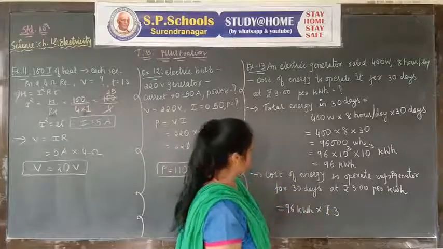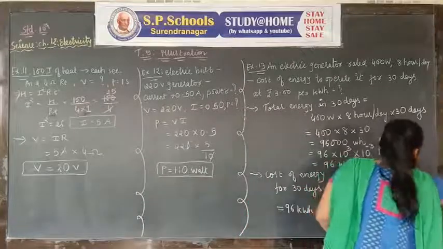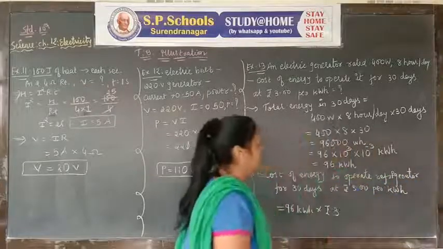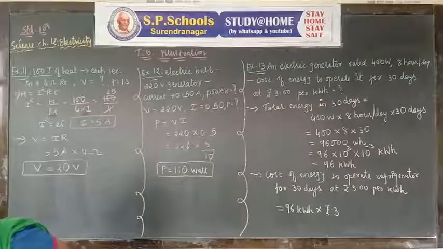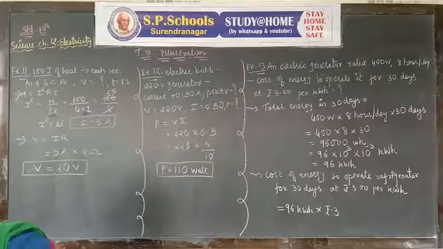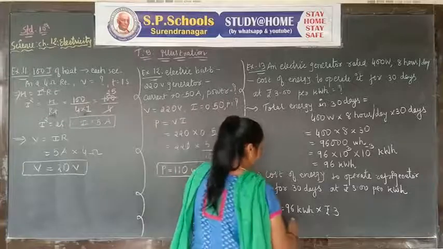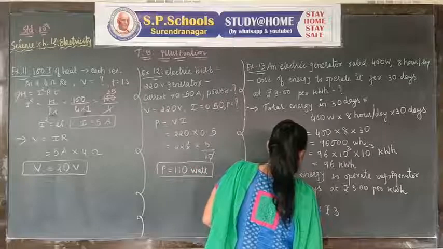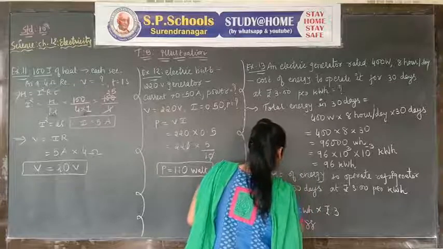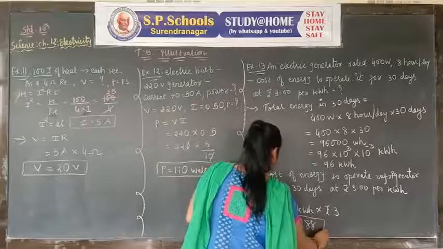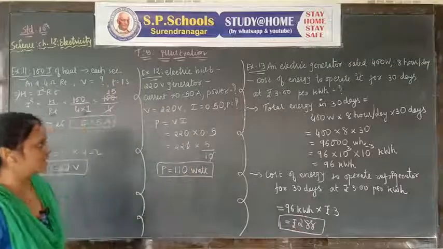When we multiply 96 with 3, it will be 288 rupees. So the cost is 288 rupees.